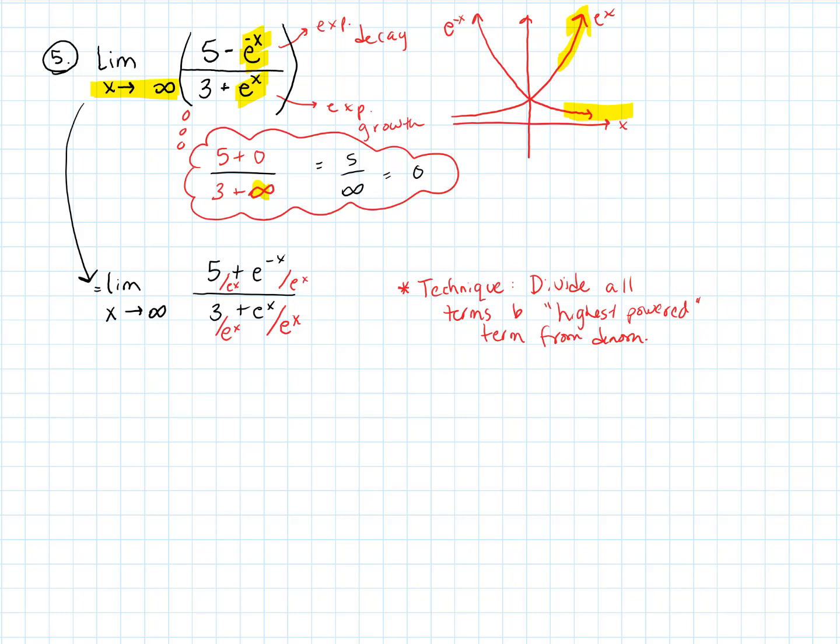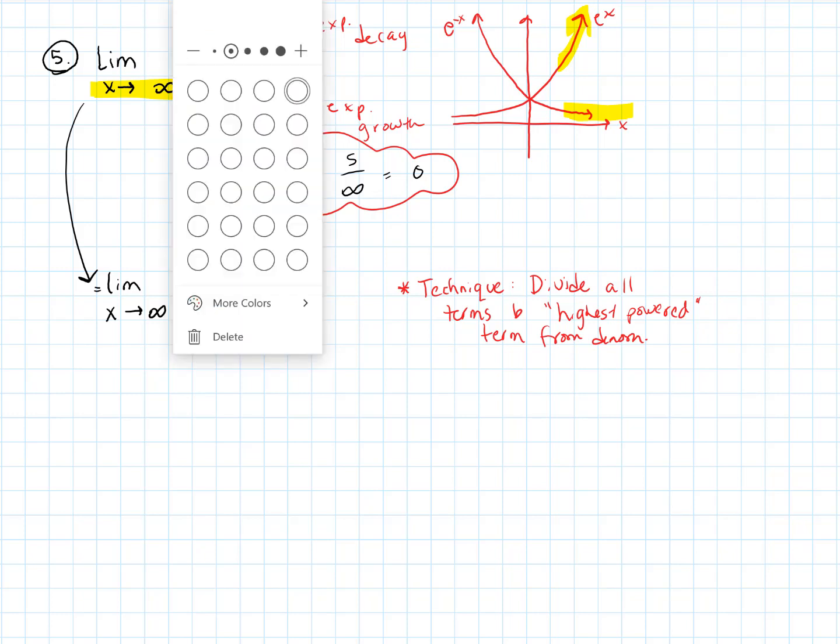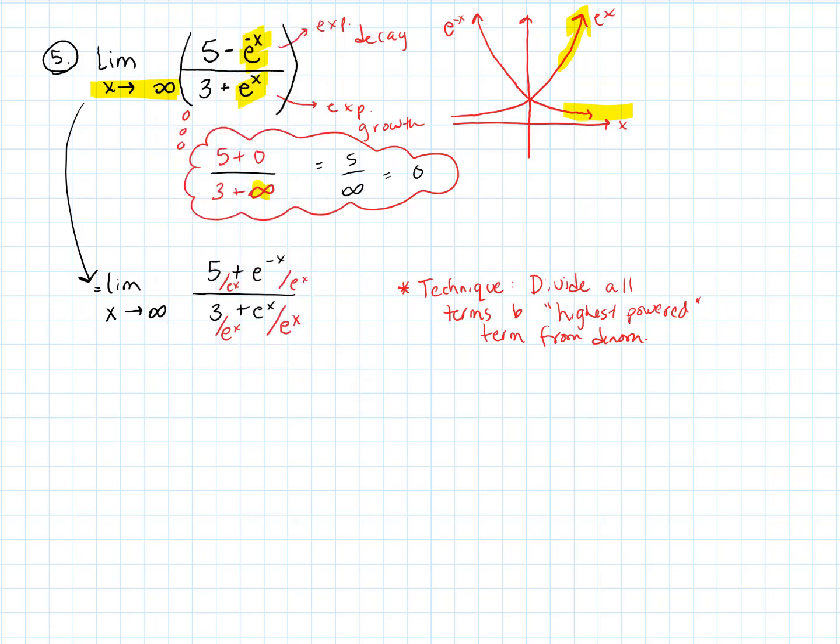Now, this is obviously not a powered term, so that's why I have this in quotes here. Obviously, we're not talking about a rational expression, but I'm still using that same sort of technique. The denominator is being dominated by that e to the x, that exponential curve. Exponential curves, as we approach infinity, just have explosive growth.